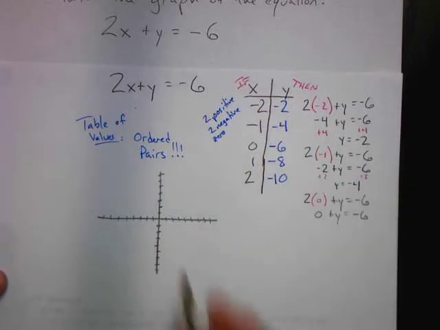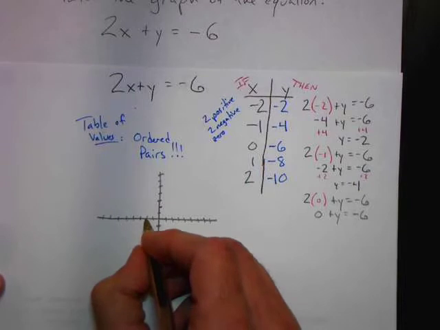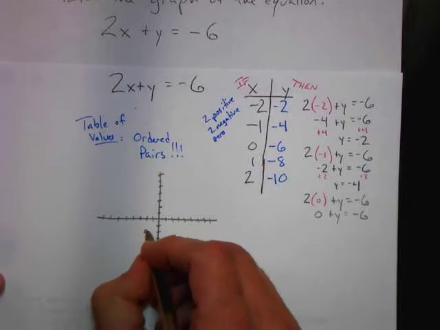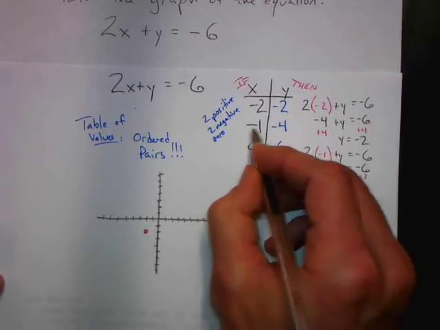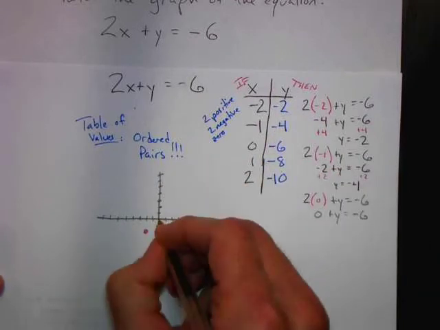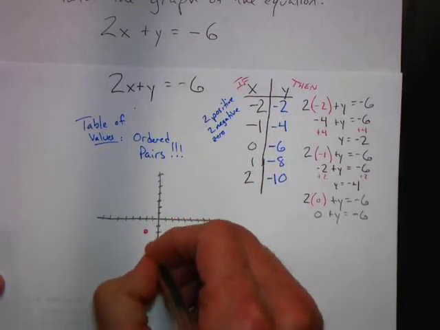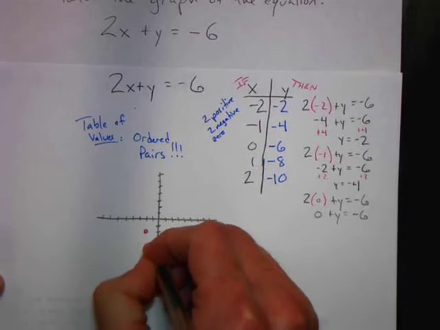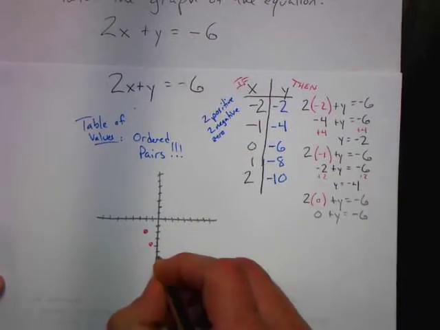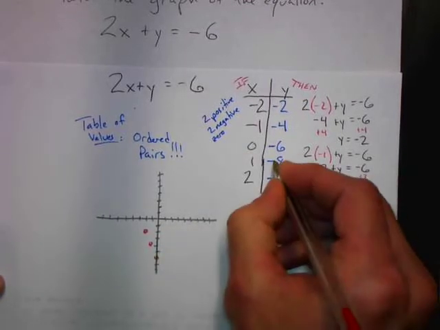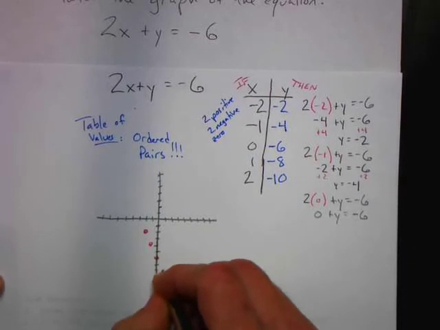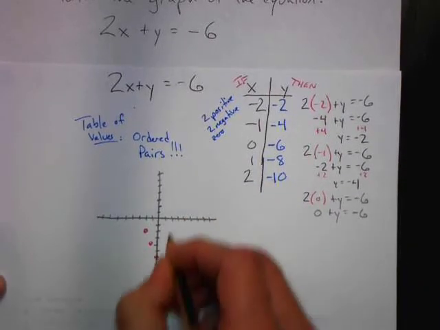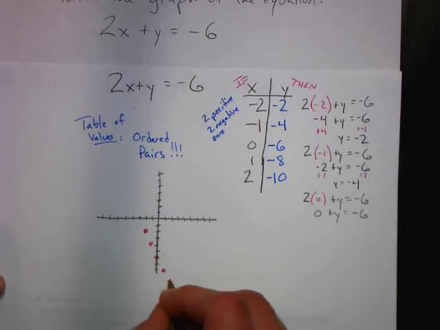And we'll graph that ordered pair. If x is negative 1, then y is negative 4. If x is 0, then y is negative 6. If x is 1, then y is negative 8. And if x is 2, y is negative 10. It will go down 2 more times.